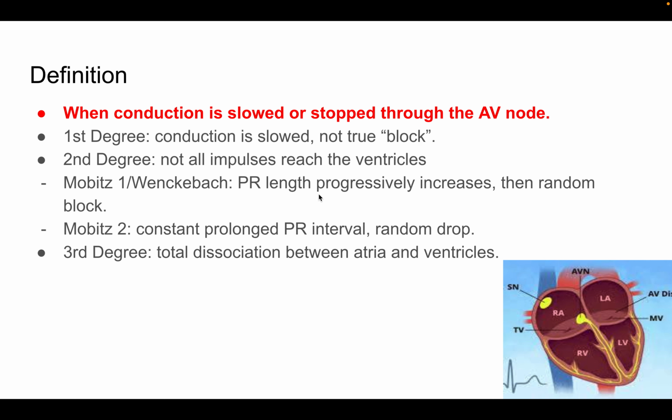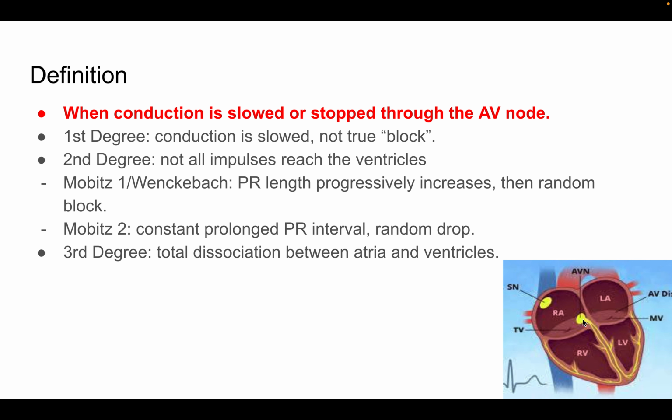What I mean by that on this picture is that an impulse hits this, right? It's delayed for a second, then it goes through. The next impulse generates, goes to the AV node, and let's say it's delayed 2 seconds, then it goes through. The next one is delayed 3 seconds, and then finally this fourth one just never goes through, and then the cycle restarts.